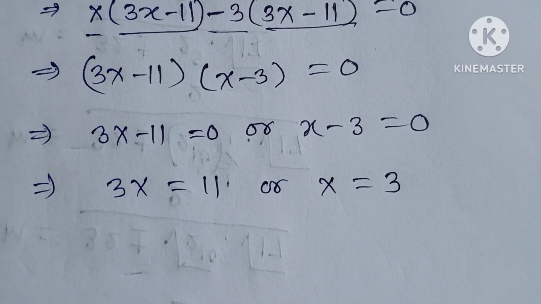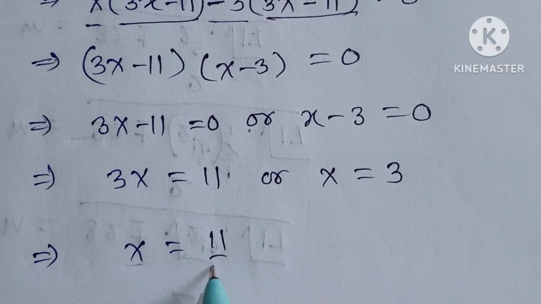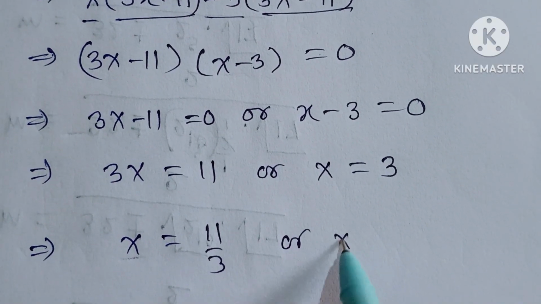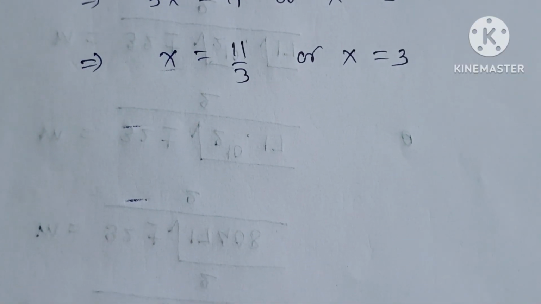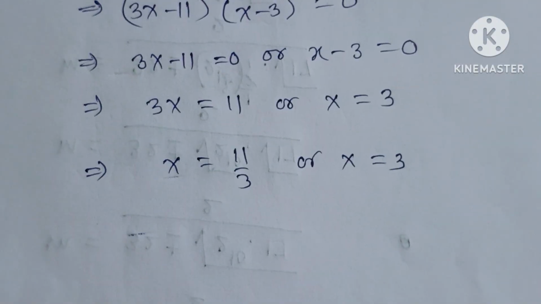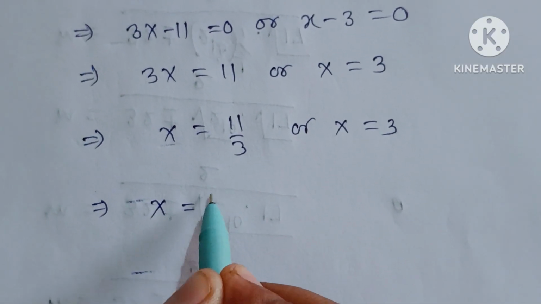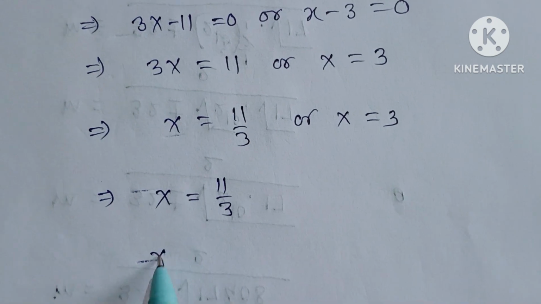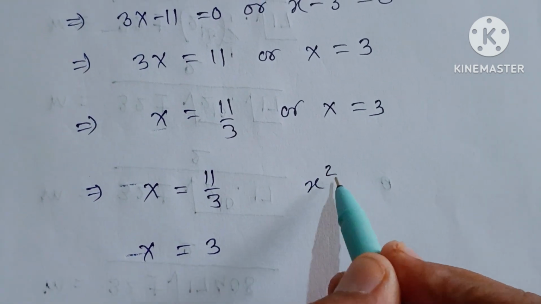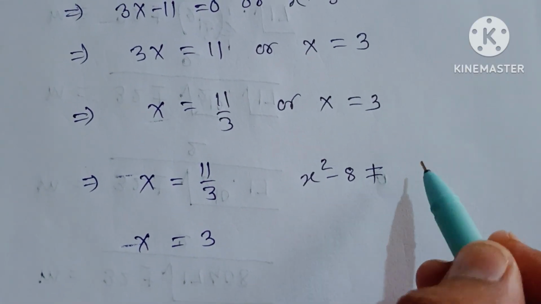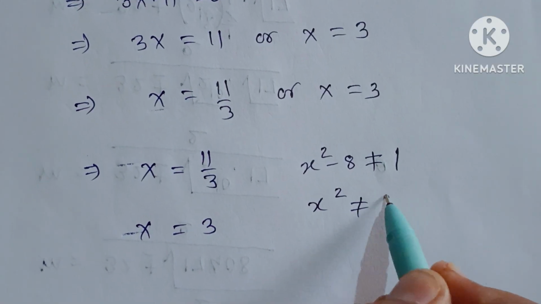So x equal to 11 by 3 or x equal to 3. And here x square minus 8 not equal to 1 implies that x square is not equal to 9.